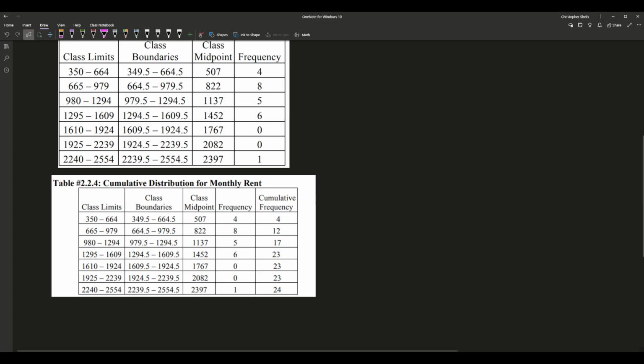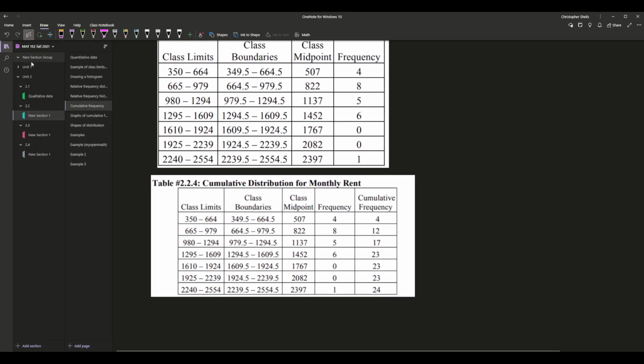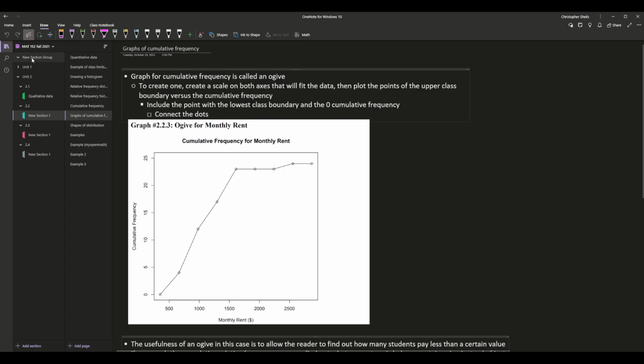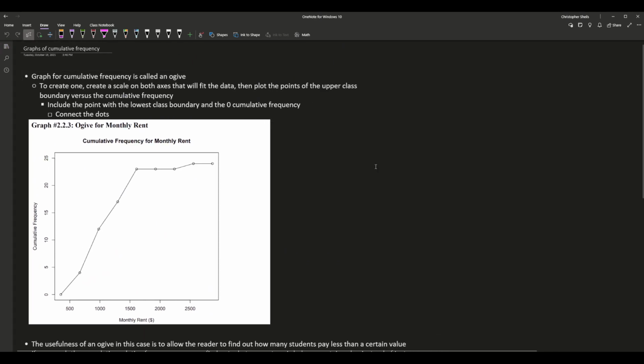Now, what would a graph of something like this look like? Let's check it out. This is the graph for a cumulative frequency, and this is called an ogive.